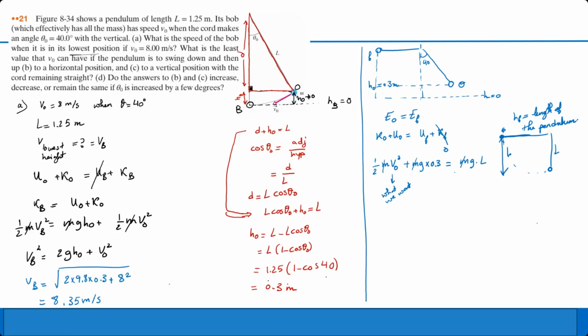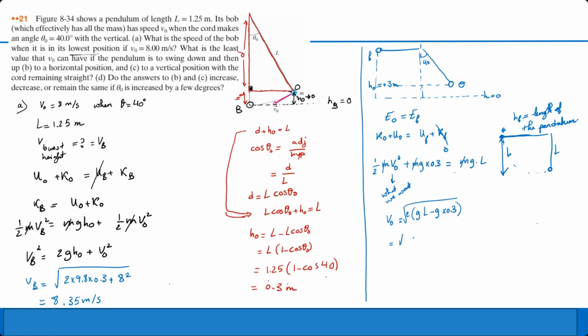The mass cancels out. VO is going to be G L minus G times 0.3. Well, I can substitute L and G as well. I'll do it in a minute. Times 2 with a radical.